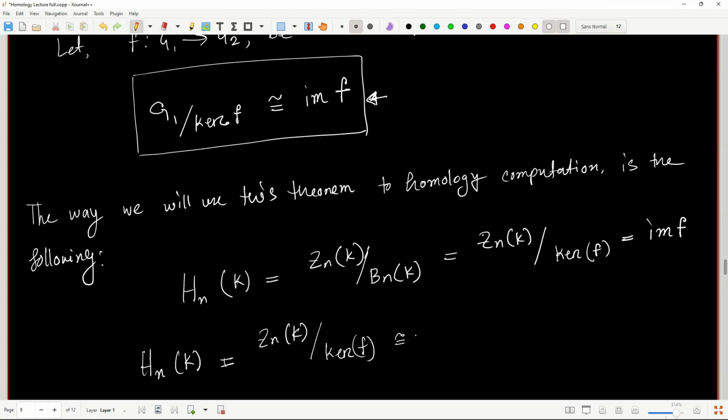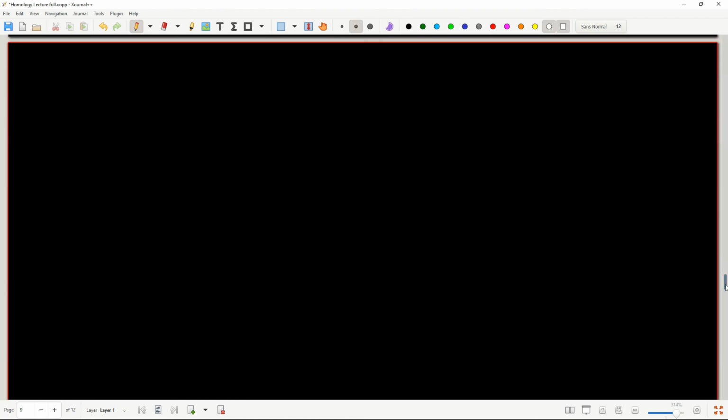It should be equal, and this should be isomorphic to Im of F. And when we talk about isomorphism in some loose sense, you can think of these two groups as essentially the same thing. So now that we have discussed all the tools, let us jump into examples. We will now consider computation of homology groups.